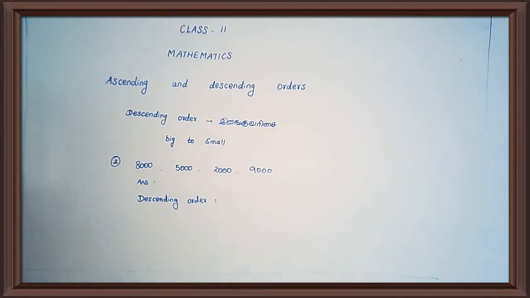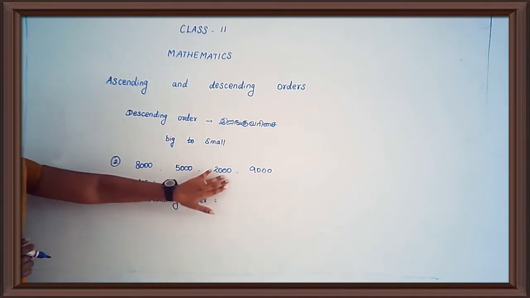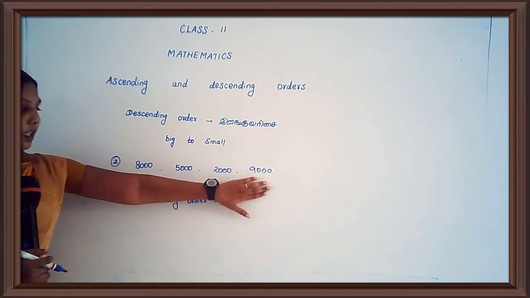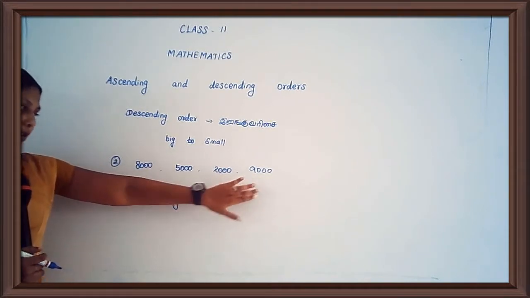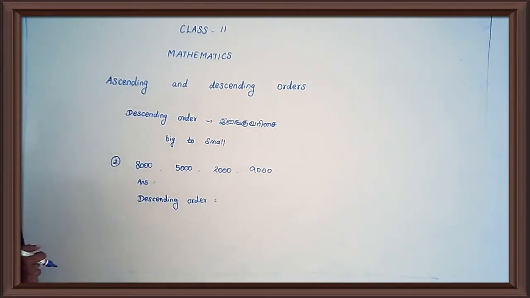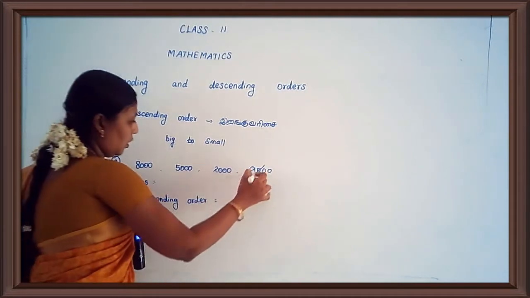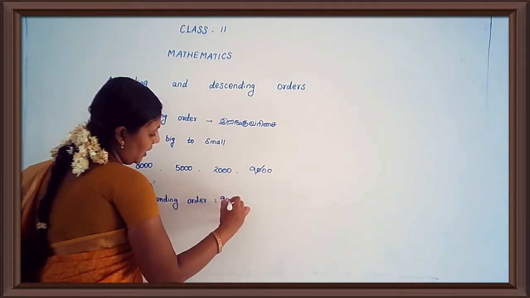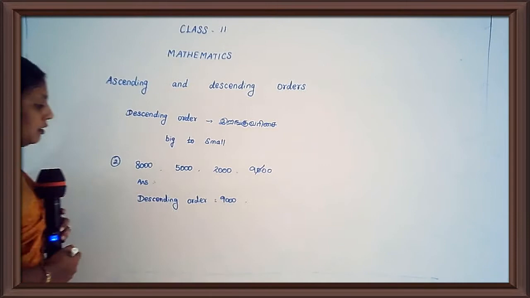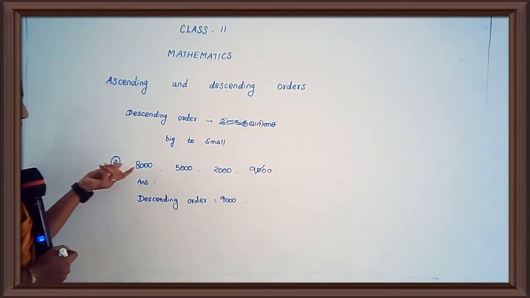First 8,000, 5,000, 2,000 and 9,000. Which is greater? 9,000. So you cut and write here 9,000.